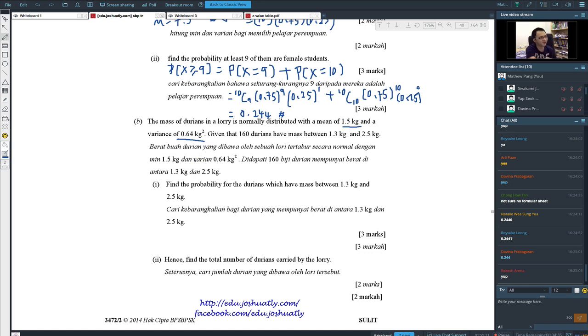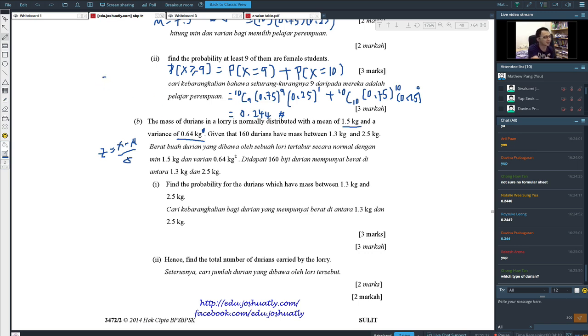Okay, so I know this is a question for probability distribution. So you need to understand a formula like Z equals X minus mean over standard deviation. The variance in this case is not useful for me, so I will change it into standard deviation. So standard deviation equals the square root of variance. So you will get 0.8.